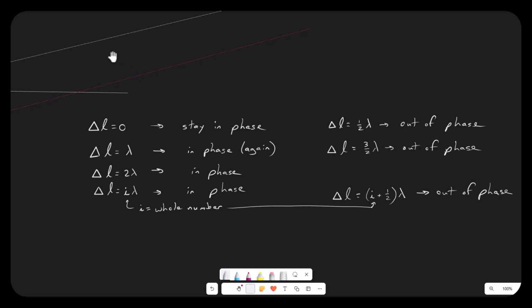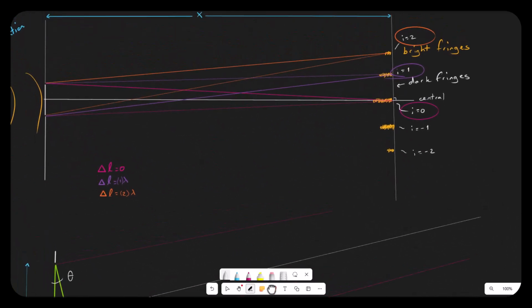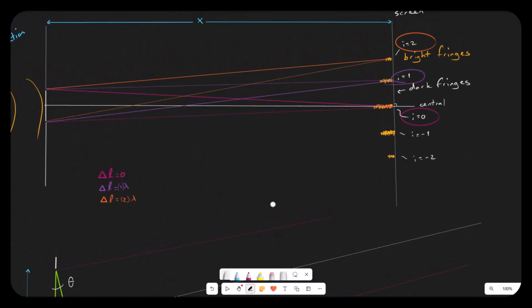Going back up here, what that means, and I labeled my bright spots up on top, I will label my dark spots down below. What this means is that I can get a dark fringe right here at the halfway point between.